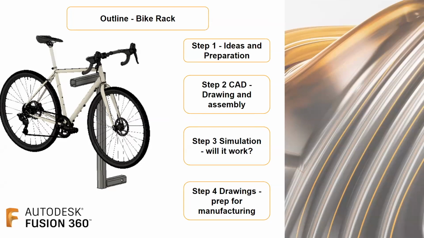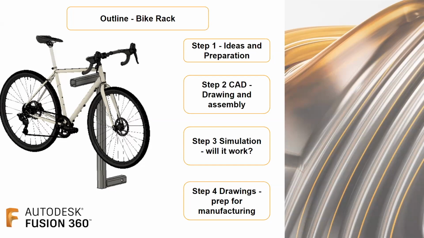We're going to go through 4 big steps: the ideas and the preparation part, then we're going to draw everything in CAD and assemble everything. With step 3, it's fun to just draw, but we've got to make sure it's functional, so we're going to run our assembly through a static simulation to see if it'll hold up with our bike. And our final step is we're going to take a look at how we create drawings from our CAD data.